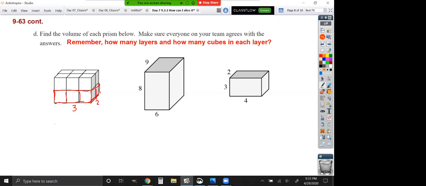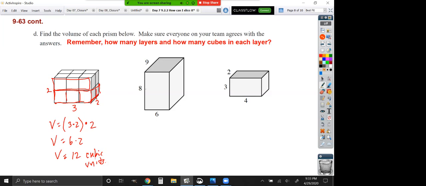So to find the volume, I would take 3 times 2 for the base, and then multiply that by the number of layers. How many layers high is this? Looks like 2 layers high. So the volume is going to be 6 times 2, which is 12 cubic units.